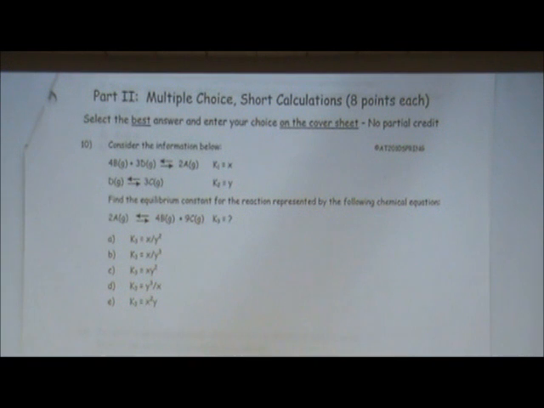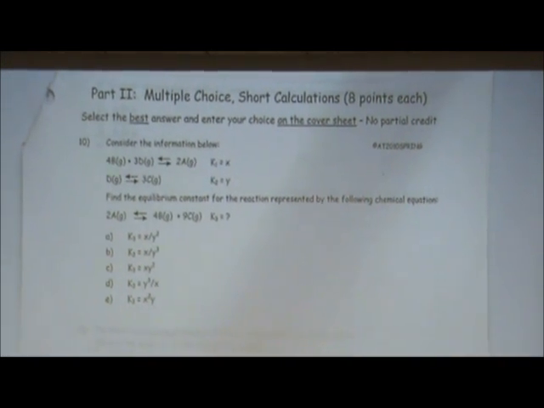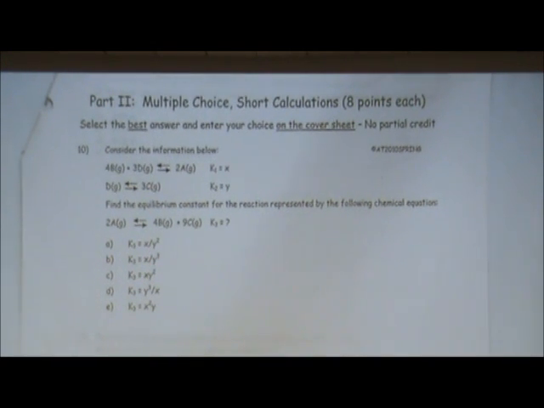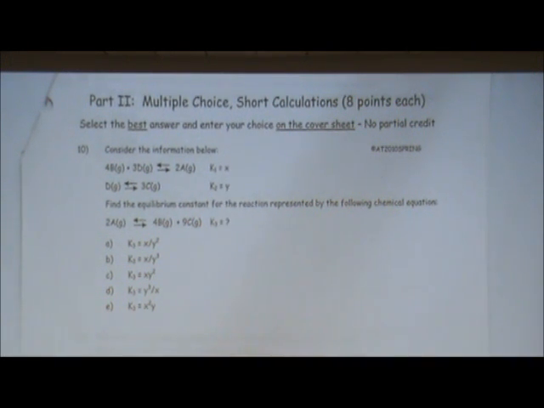So the problem basically is how to manipulate these two equations by reversing, multiplying the coefficients with a number, something like that, to be able to bring them to such a situation that when you add them, you receive this equation. Right? And then when we have these two equations ready to add, we know that the equilibrium constant K3 is going to be the product of K1 times K2.